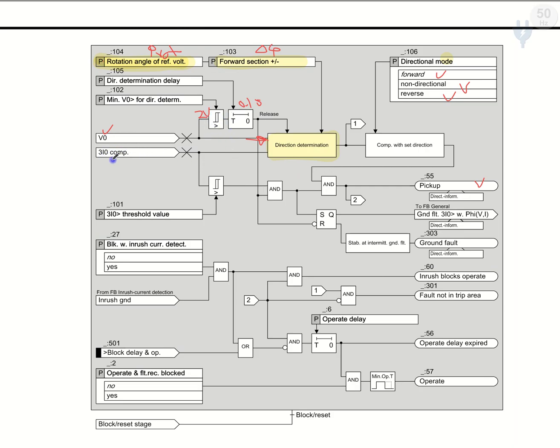And the zero sequence compensated value we give according to our system, for example how many amperes we should give. This depends on your system. You should practically measure the zero sequence current on the system in the normal condition.